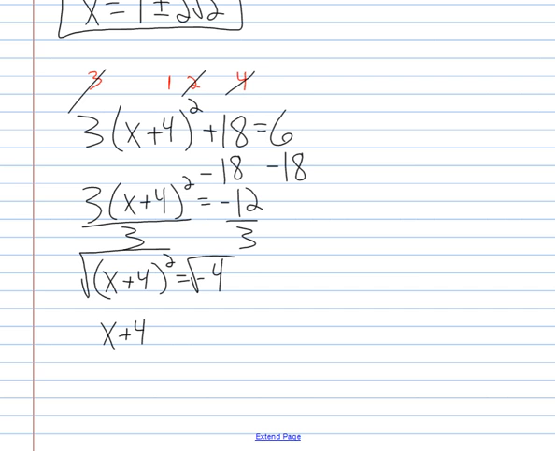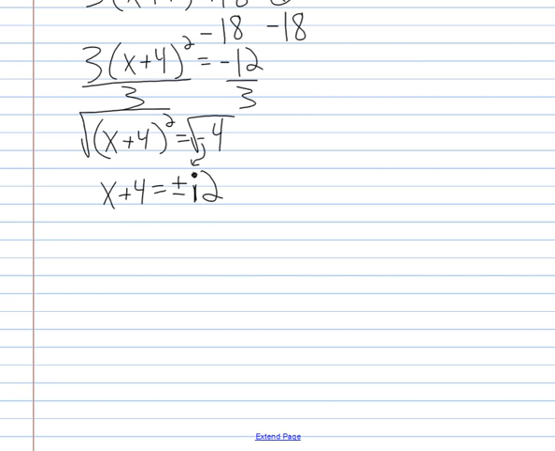So x plus 4 equals positive and negative, I'm going to put that immediately, and then radical negative 4, again, the negative turns into the i. And the square root of 4 is just 2. And I'm going to rewrite that as 2i. The next step, our final manipulation, is the minus 4, minus 4. So x equals negative 4 plus and minus 2i.